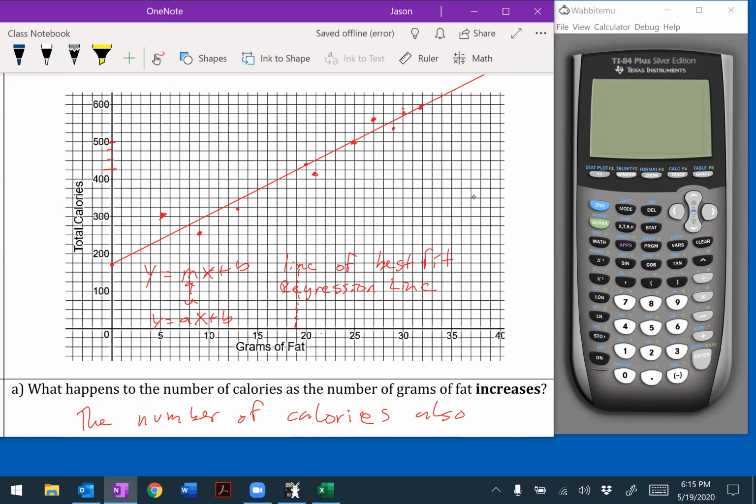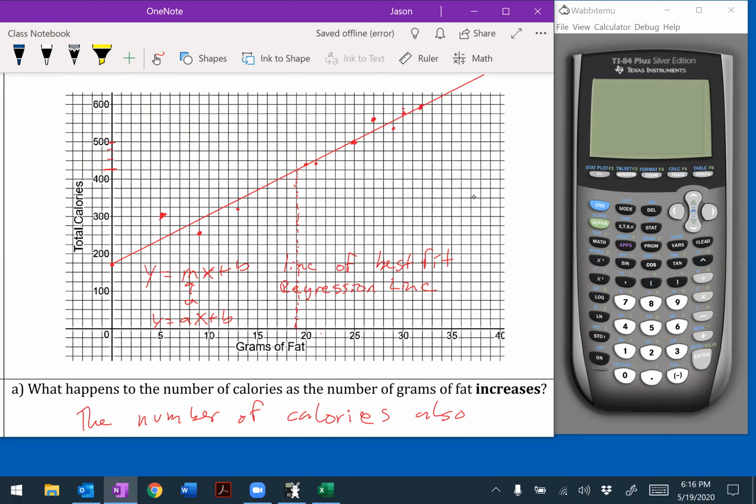Okay, so where's 19? 19 grams of fat is maybe around 425. Sure, sounds good. This one should be a lot higher than that. No, that should be right there.